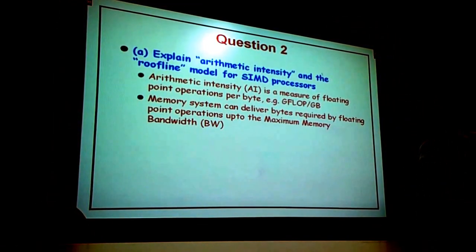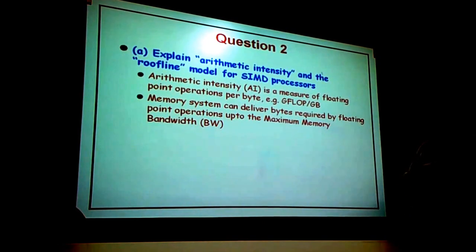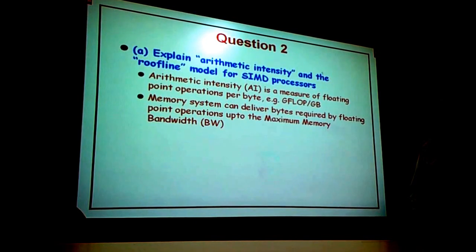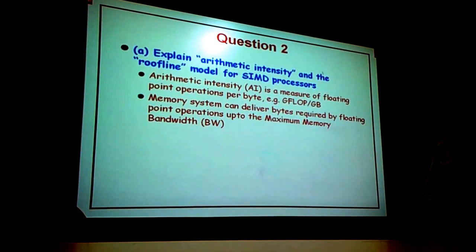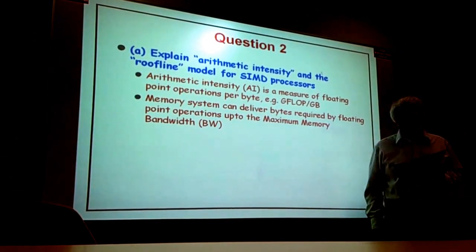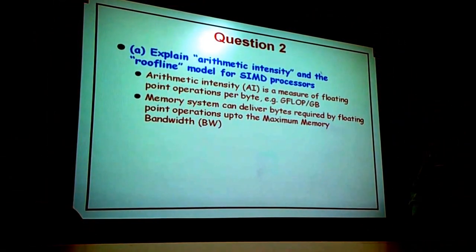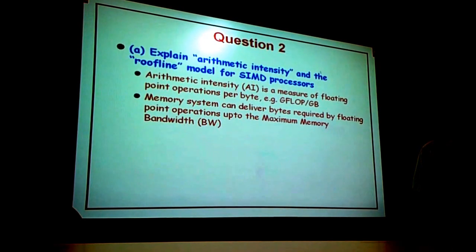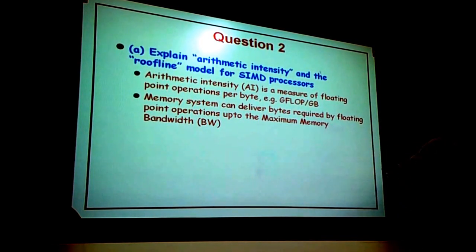That determines how many bytes per second of memory you can get. So if you're within the maximum memory bandwidth, then you can keep your floating point processors busy. But once you reach the maximum memory bandwidth, then that is going to be a constraint.